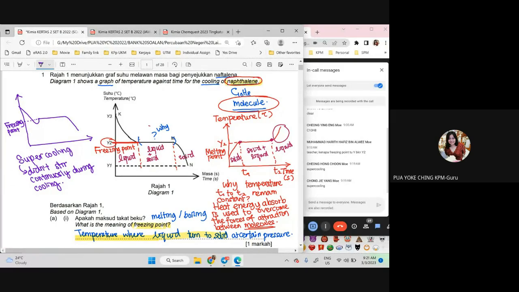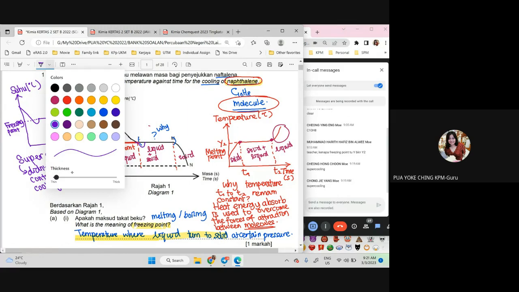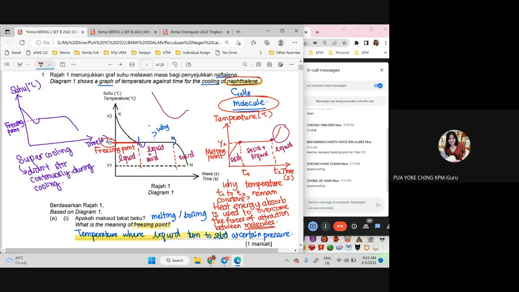So if super cooling comes out, one is they ask you to sketch the graph, like this, temperature against time in seconds, and label where the super cooling is, or here they ask you to add super cooling. So remember, super cooling is only a minor drop. The temperature drops slightly below your freezing point. Don't make it big. No, it cannot be a very big drop.